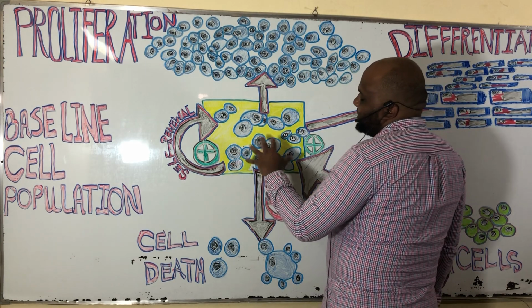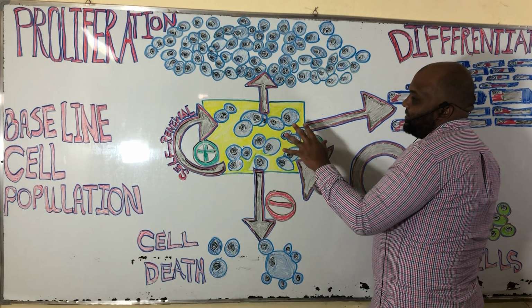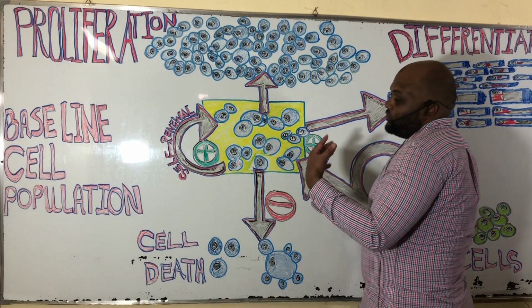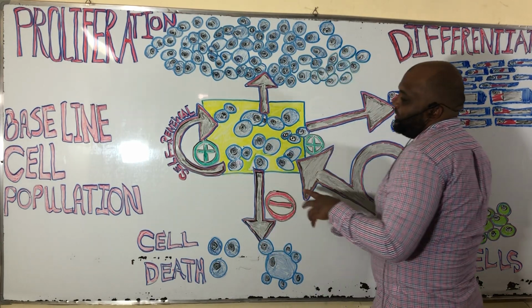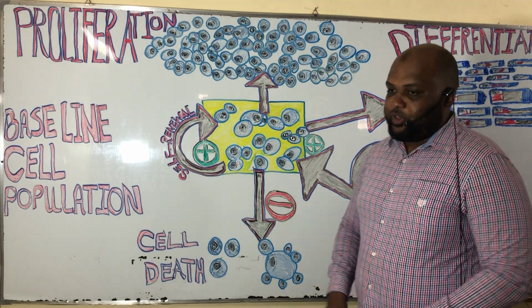Now, what are the factors that lead for that baseline cell population to increase in number? First of all, we have self-renewal, where these cells can renew themselves.